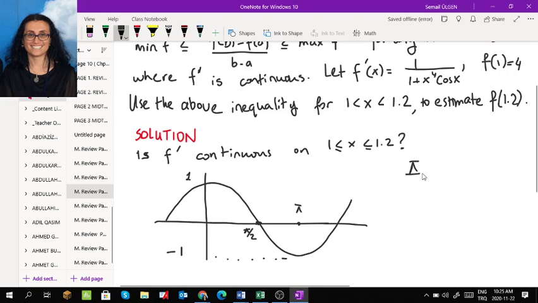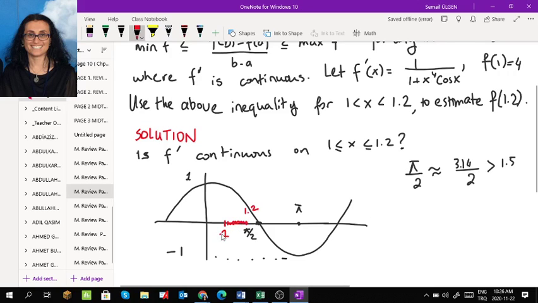Pi over 2 is approximately 3.14 over 2, which is bigger than 1.5. So in other words, our interval 1 to 1.2 is somewhere here. So we are in here.